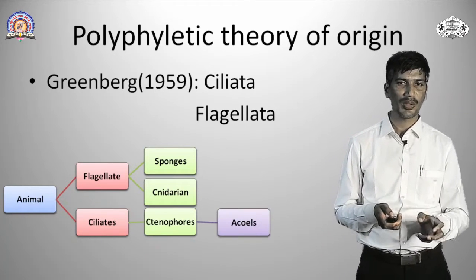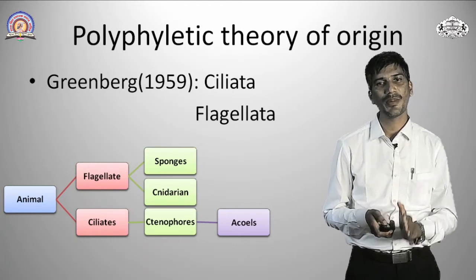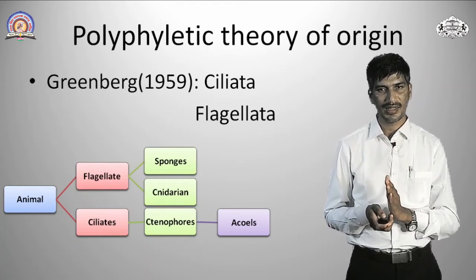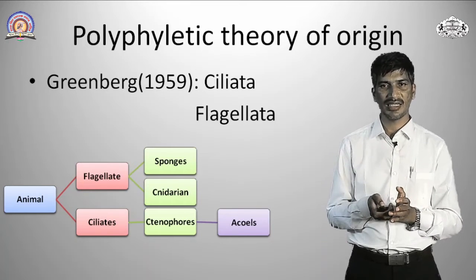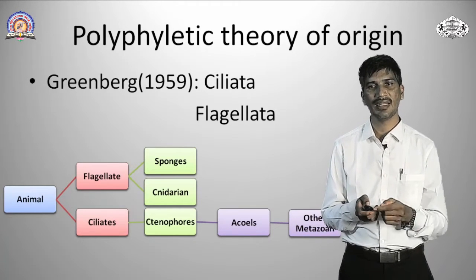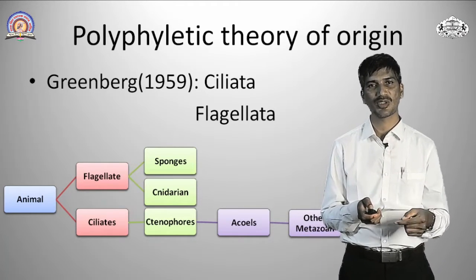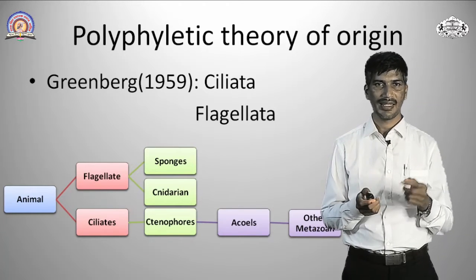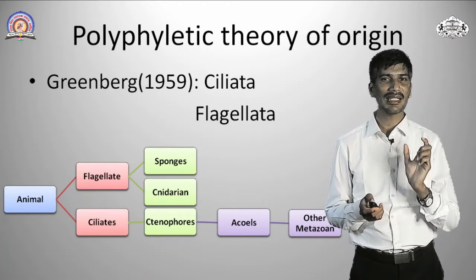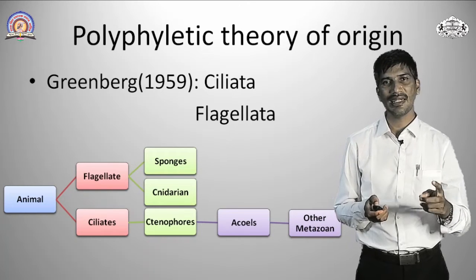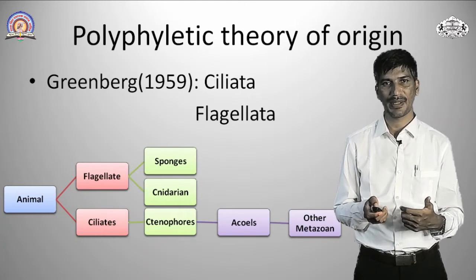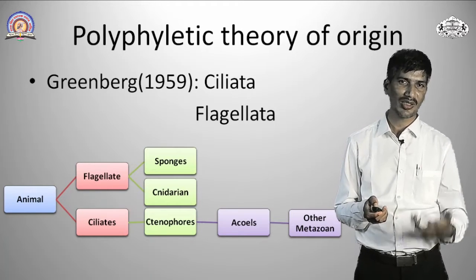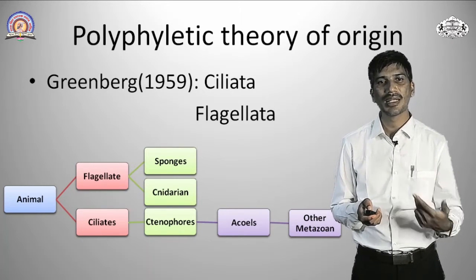Again, these ctenophore groups participate in the development of the acoelomate animals, and then all other metazoans developed in this evolutionary way. That means Greenberg suggests this is a polyphyletic way, not a single monophyletic origin of metazoan; the metazoan origin occurred from multiple organisms.